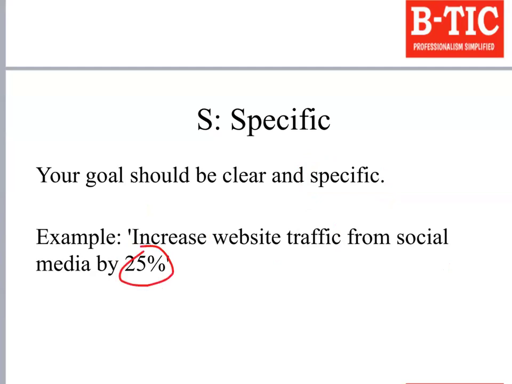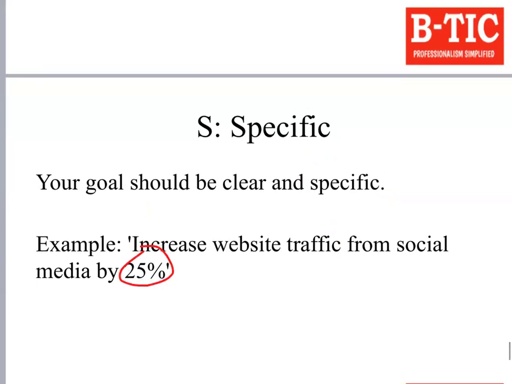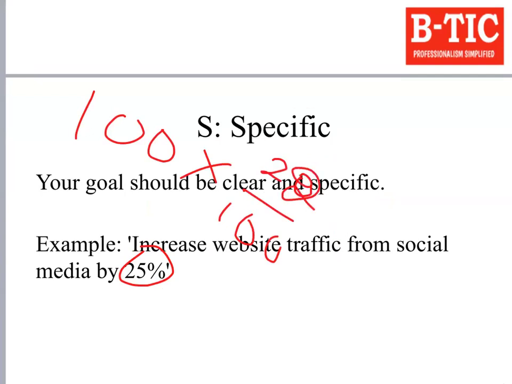25% means measurable. Let's say if it is 100 now, you want to increase by 25%. So 100, I'm sorry, mathematics, 25, so that is going to be 25. So if you put 125, that's the answer, 125.